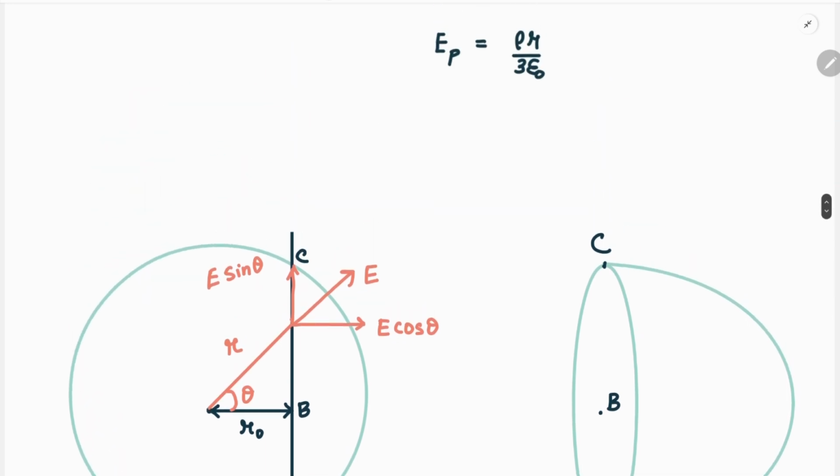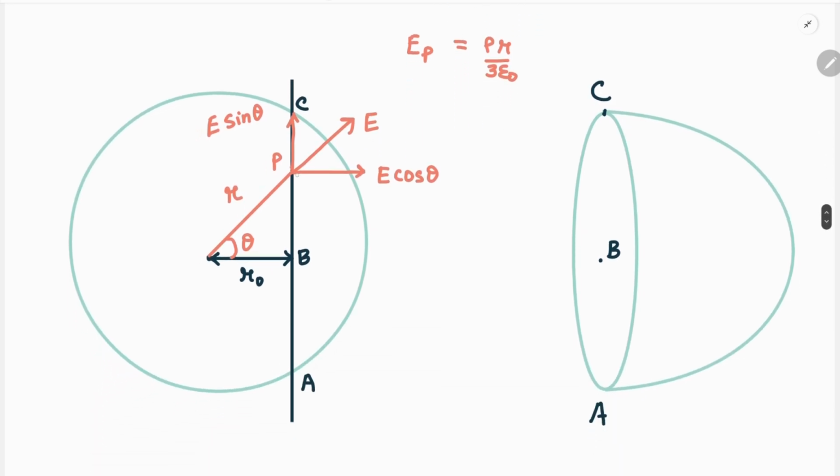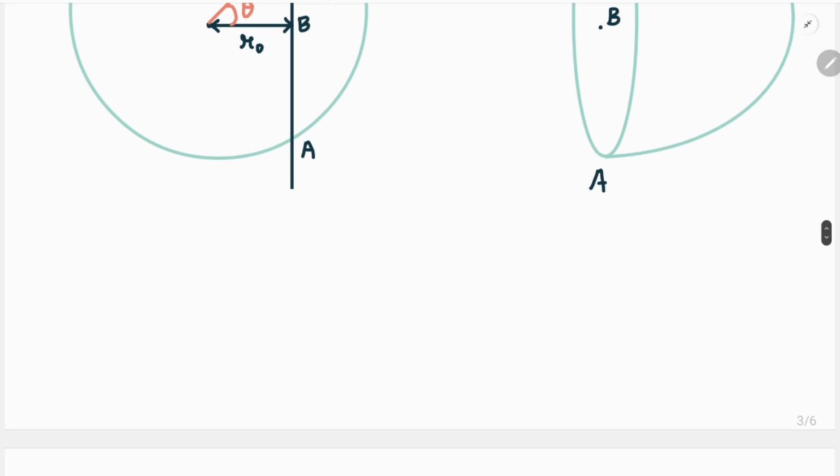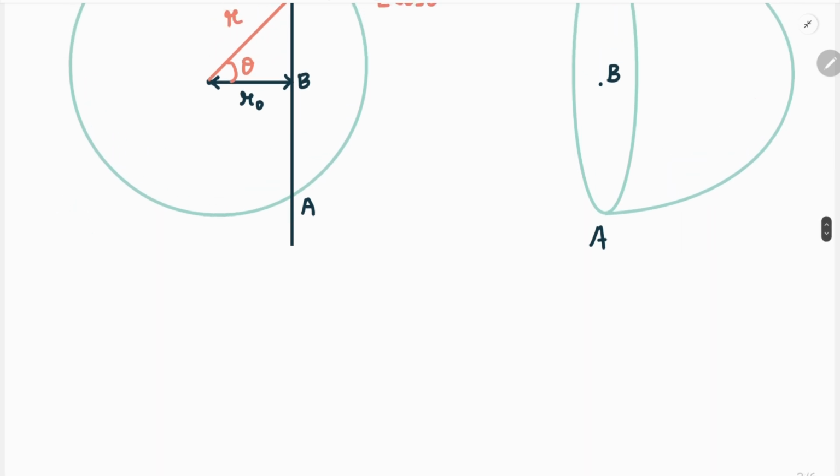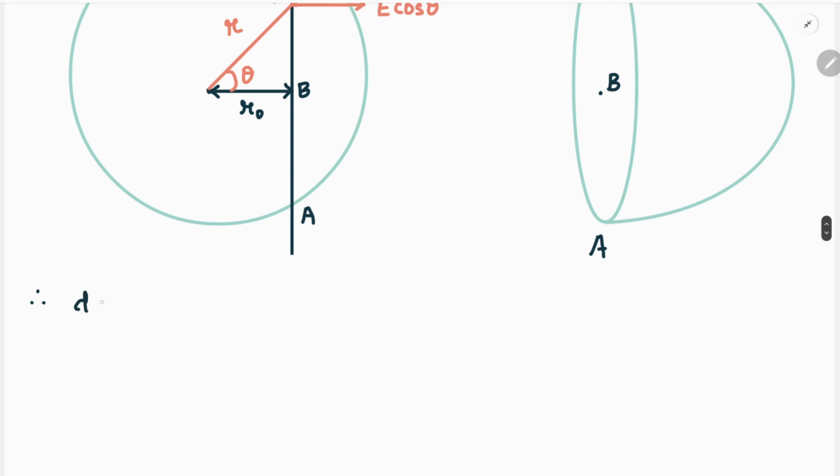E over here we have already calculated as rho r by 3 epsilon naught. The electric flux contribution takes place only because of E cos theta, as E sin theta is perpendicular to the area vector which this surface holds. So if I calculate the electric flux d phi, it is due to E cos theta multiplied by ds.